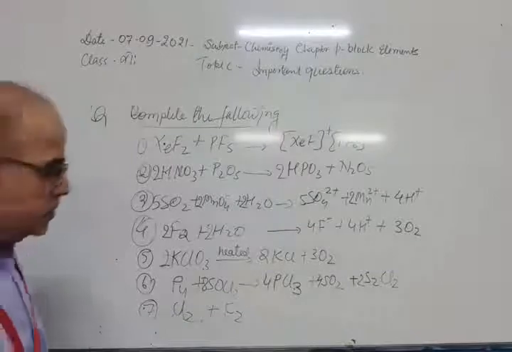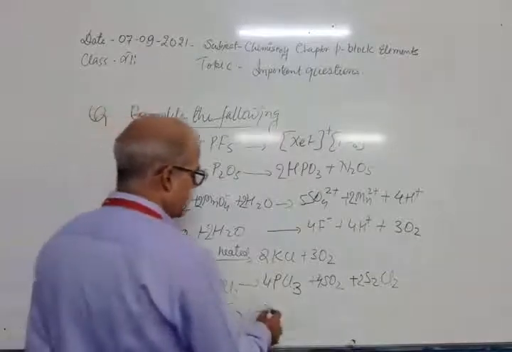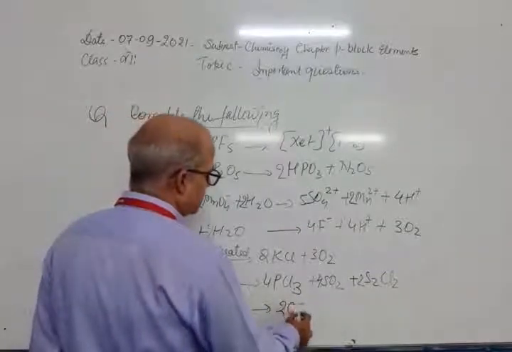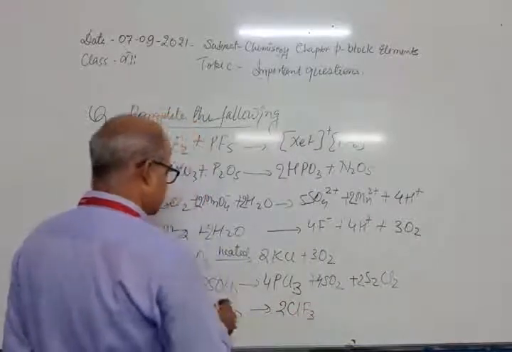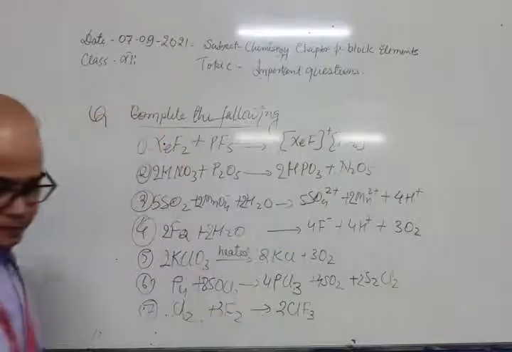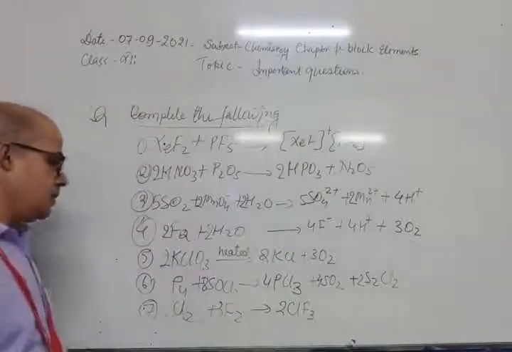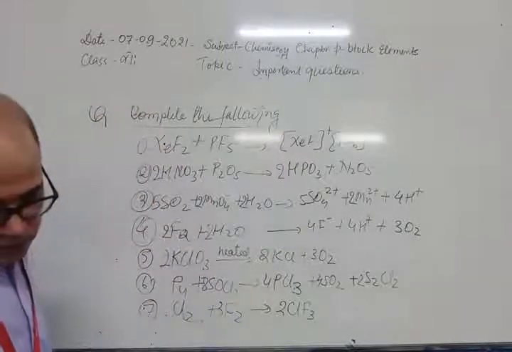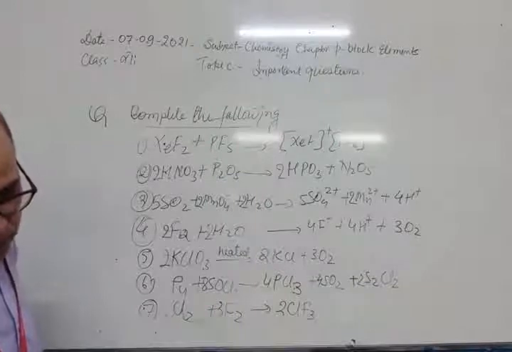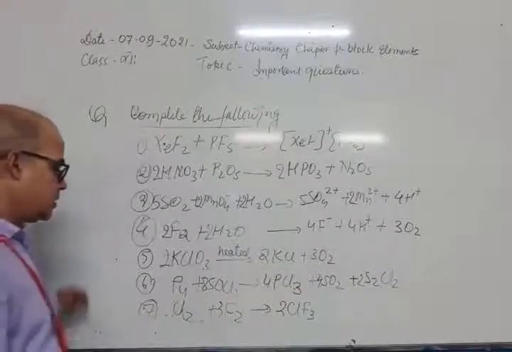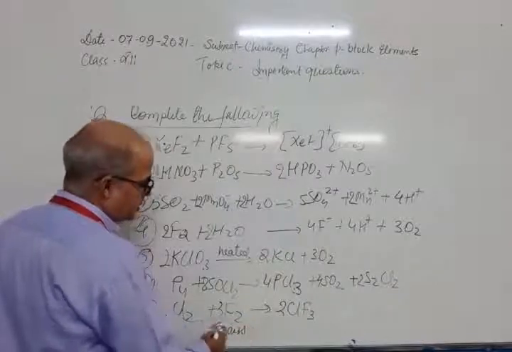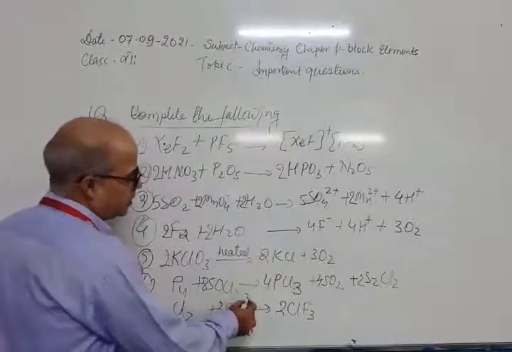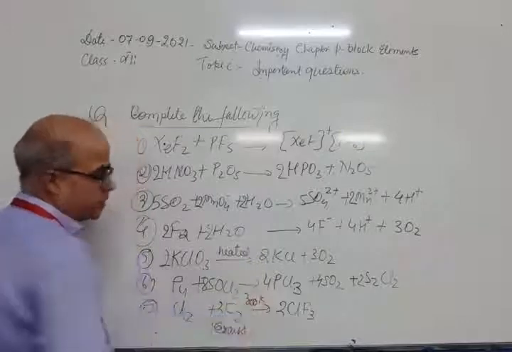Now the last reaction is what? Reaction of F2 and this. It will form the interhalogen ClF3. Here is 3. Okay. 2ClF3. This is the product. Okay. Now note that here is in excess. When it is in excess, this will be the reaction at 300 Kelvin temperature.